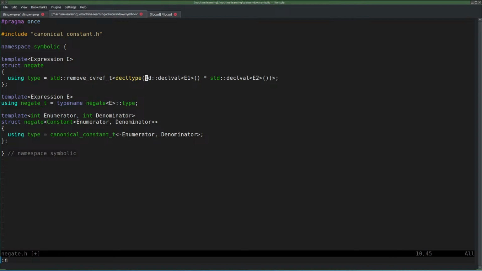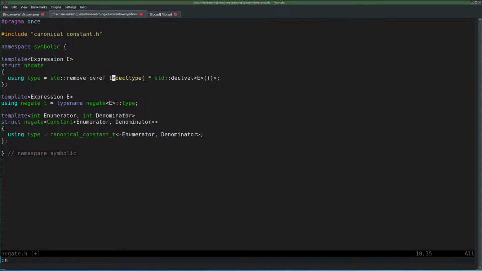Which then must be declaration type E, a multiplication with a constant. I could use a multiply here, right? Or I remember I said negate is not using multiply. So maybe I shouldn't. But it doesn't really matter. Now I'm going to use multiply.